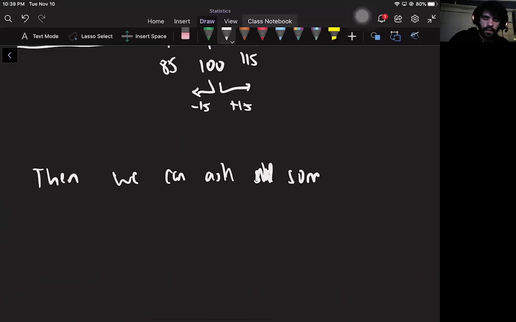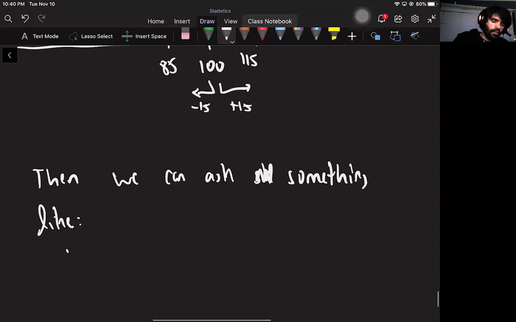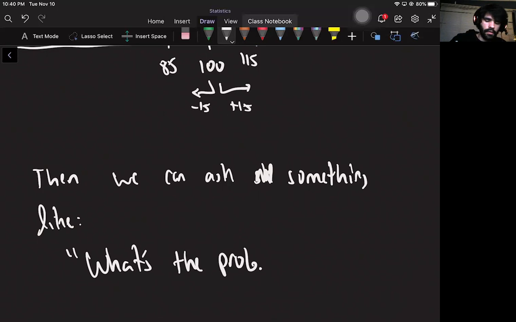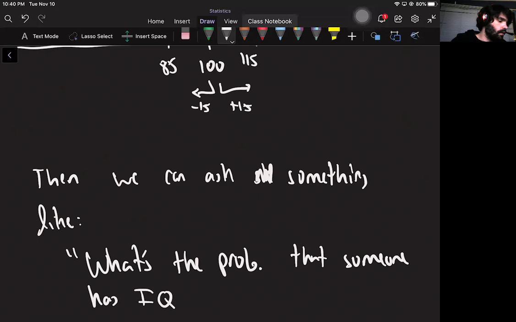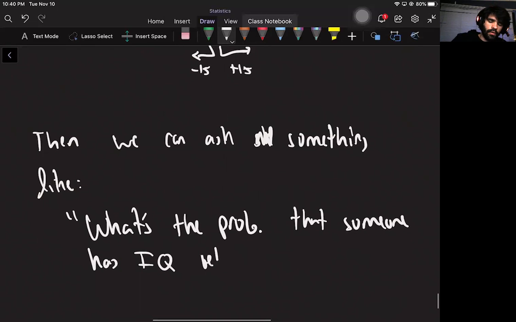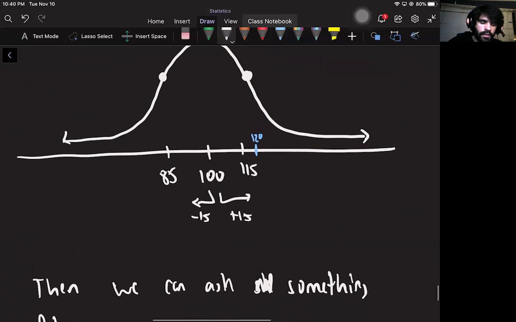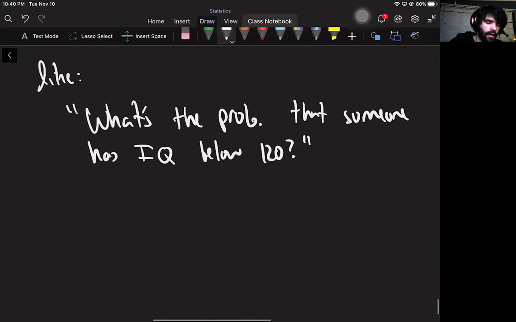For example, what's the probability that someone has IQ below 120? I can ask a question like this, and I can use what I just did to answer it. So here's how.